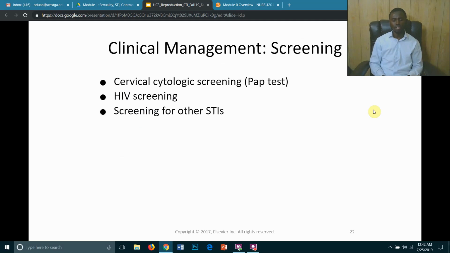Clinical management of STIs includes screening for cervical cytologic screenings, such as your pap smear, which you do every year, HIV screening, screening for other STIs, such as those that we have talked about, because early detection and early treatment can save an individual from all the complications that may result from having contracted an STI.